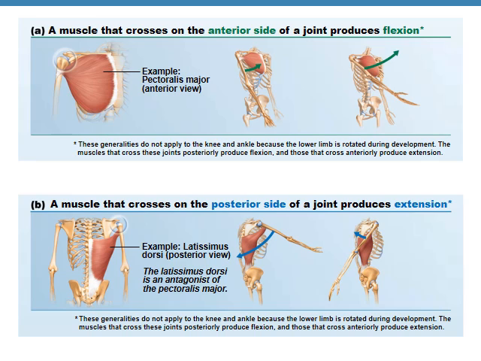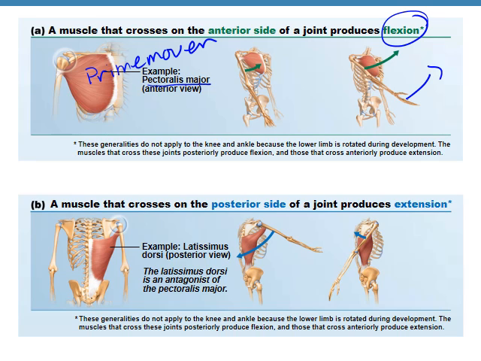This figure from the book is trying to show you an example. They're showing you the pectoralis major, that's this muscle right here, and this is the prime mover. This muscle is trying to flex the arm.